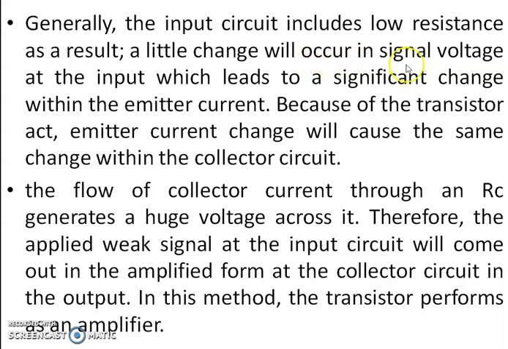A little change in signal voltage at the input leads to a significant change in the emitter current. Because of the transistor action, the emitter current change will cause the same change in the collector circuit. The flow of collector current through RC generates a huge voltage across it. Therefore, the applied weak signal at the input circuit will become output in the amplified form at the collector circuit.